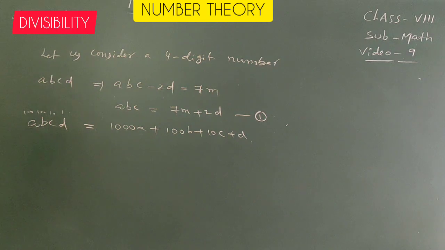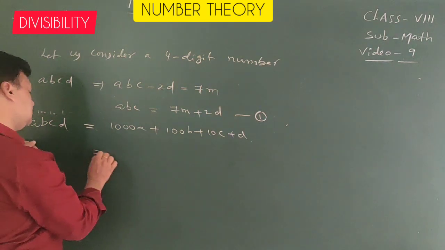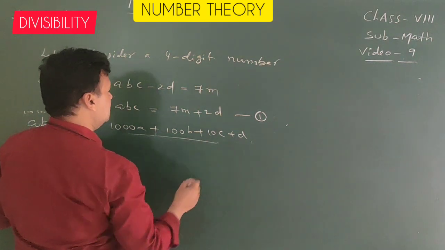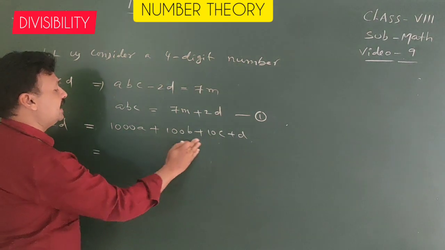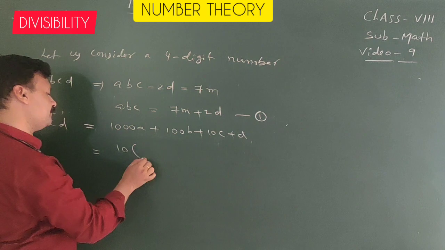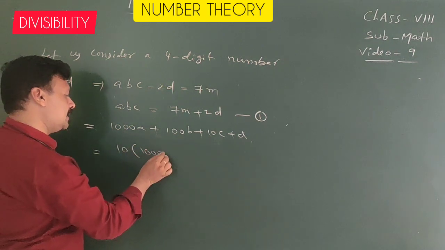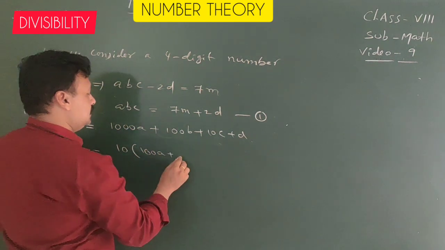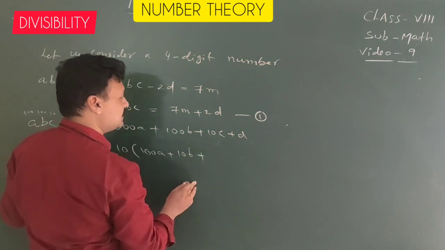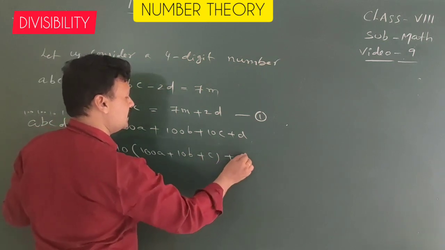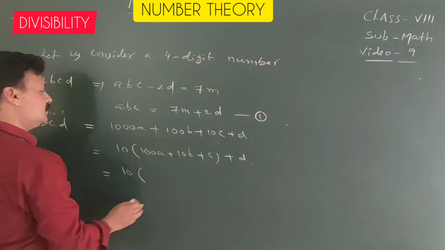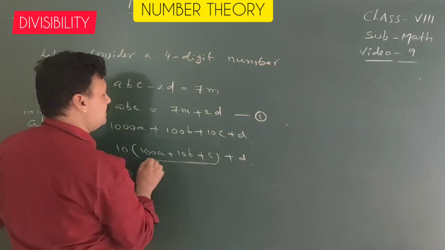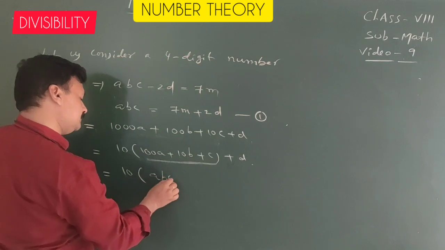Okay. Next. If you take 10 common, here 100A plus 10B plus C, into 10, plus D. Now 10 into 100A plus 10B plus C is nothing but ABC.